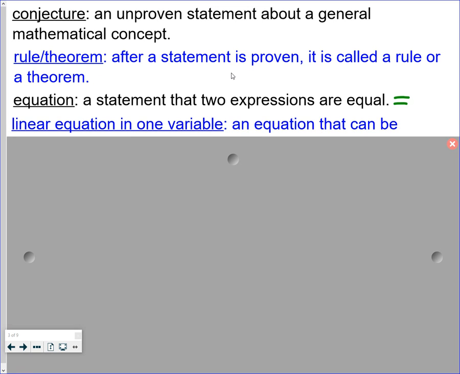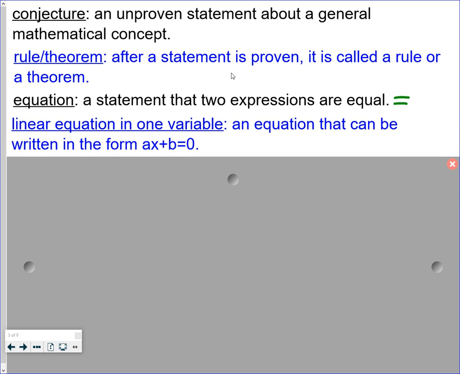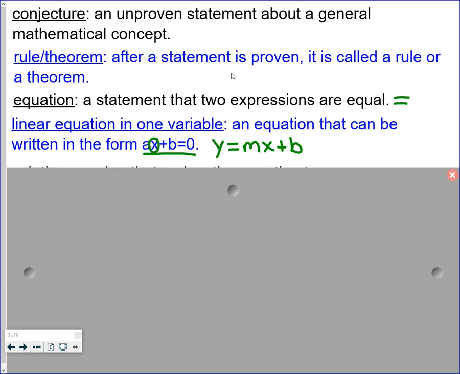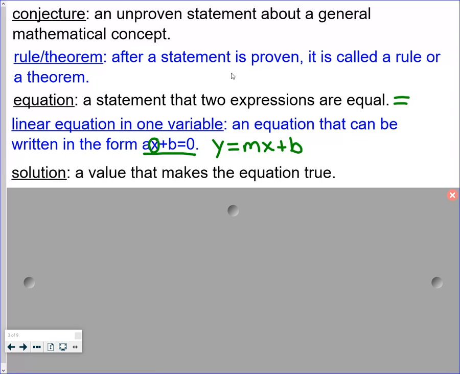A linear equation is usually seen as y equals mx plus b, but we also see anything where you keep the x and the a and b become numbers. So that's just a linear equation. Again, I'm not going to quiz you on these, but you're going to see these words. A solution, it's any answer that makes the problem true, specifically usually the equation, but anything is a solution.